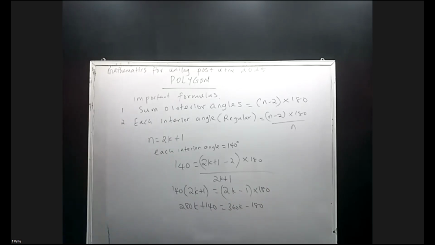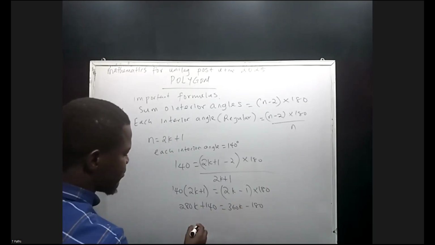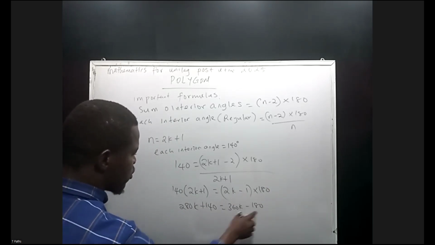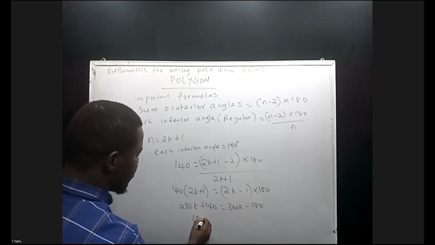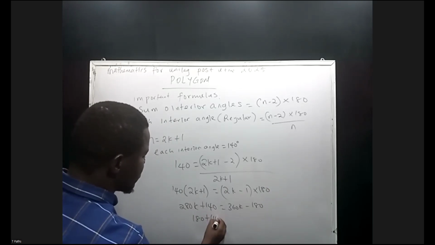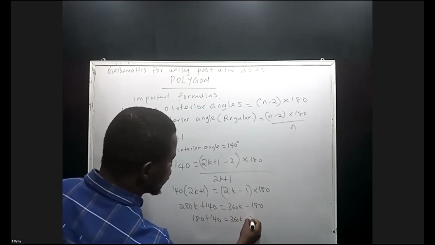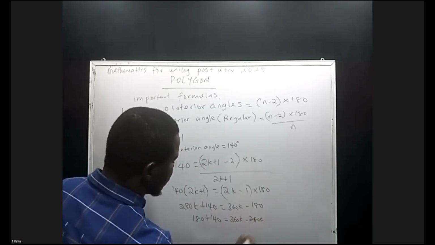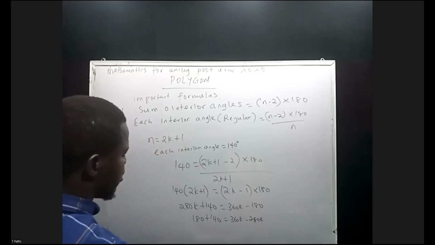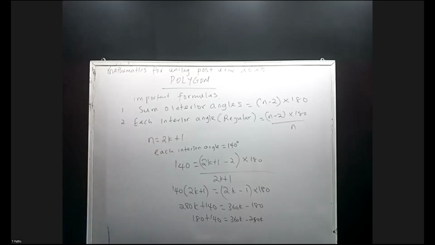Are we there? I want to collect like terms. I want to bring this one here. 180 plus 140 equals 360k minus 280k. So finally, 180 plus 140 is what?